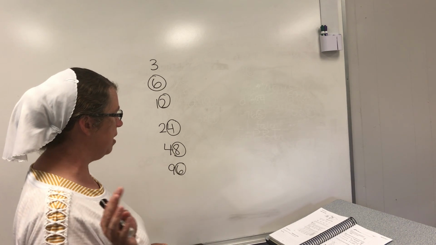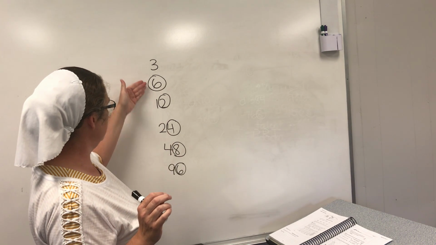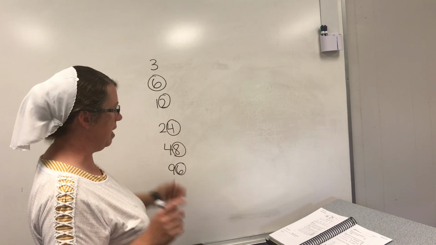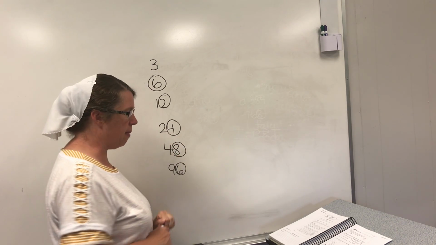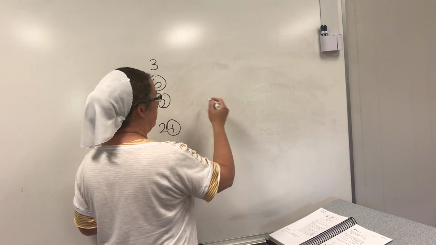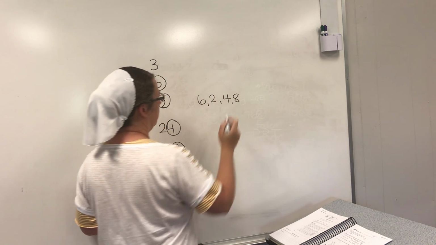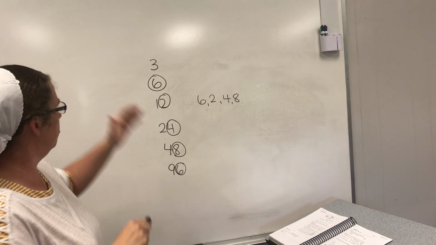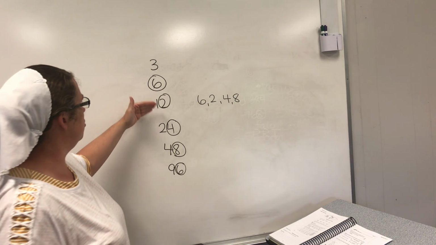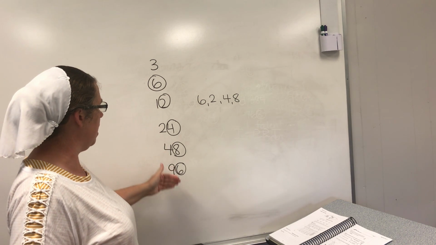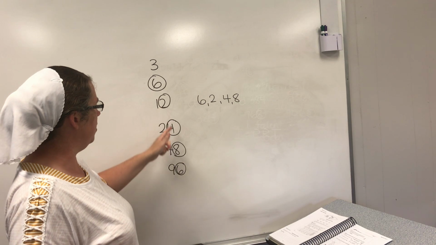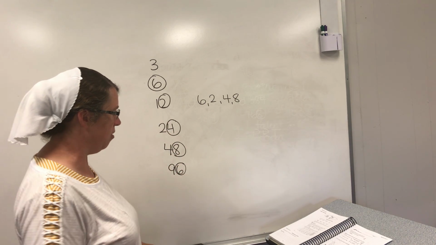They want you to write these right here. 6, 2, 4, and 8. Put a comma. You should write something like this. So if you double 3, you get 6. Double 6, you get 12, 24, 48, 96. And you have these patterns that just keep right on going.